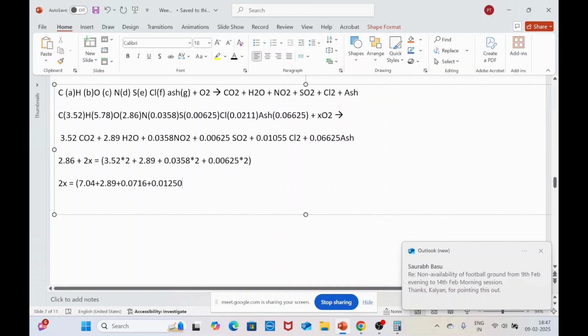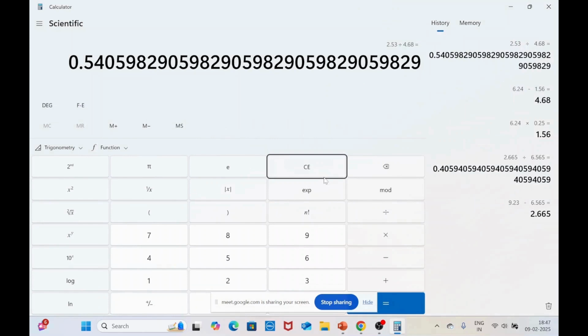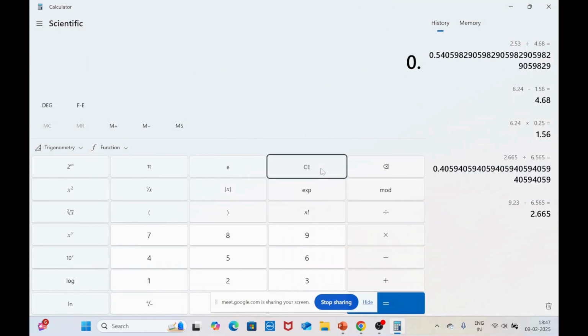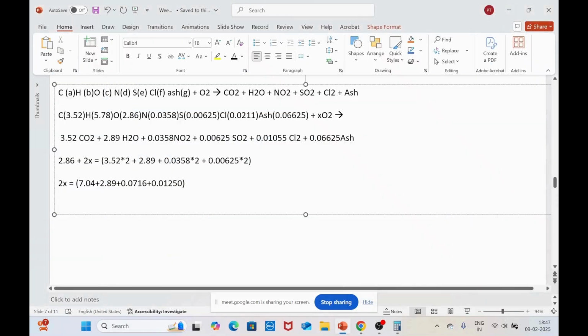I hope my calculation is fine. Let me just check that. 0.0358 times 2 is 0.0716, so this is fine, minus 2.86.